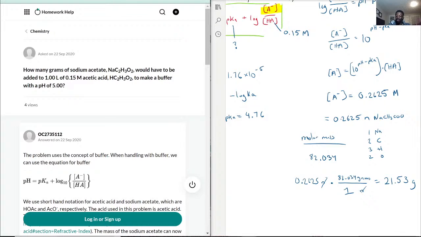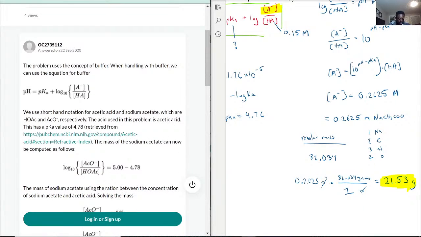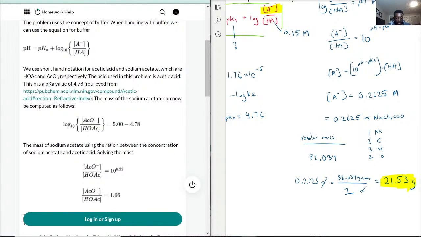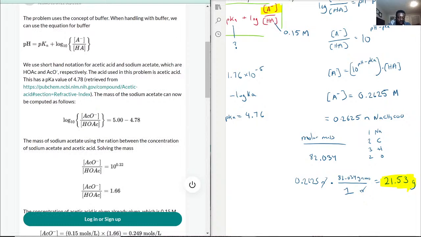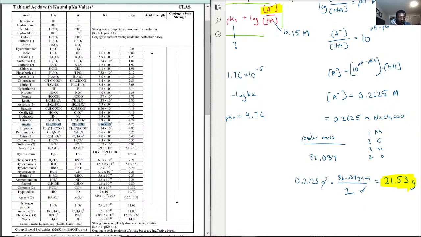Now, with all that being said, let's see if we did this correctly. Exactly, so they did what we did. They had a pKa value of 4.78, and they retrieved it from PubChem. So it just depends on where you get your values from.